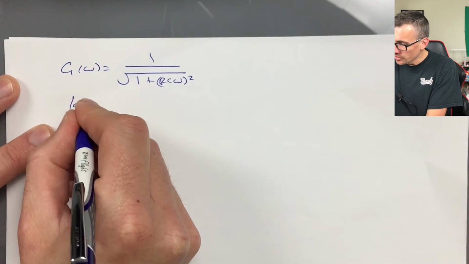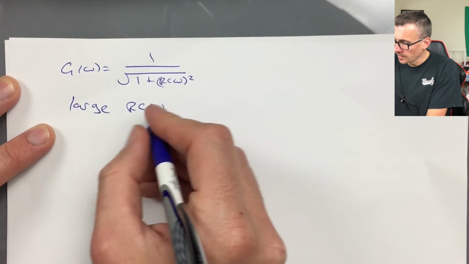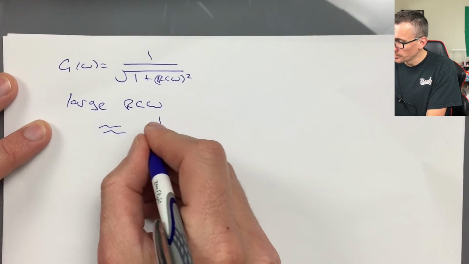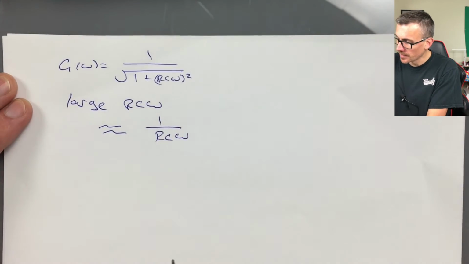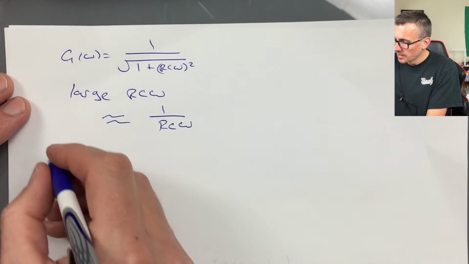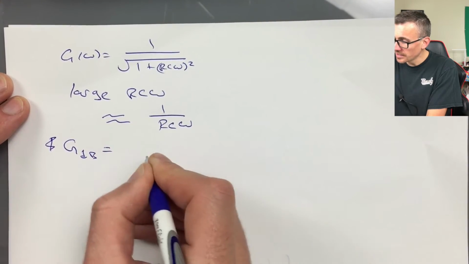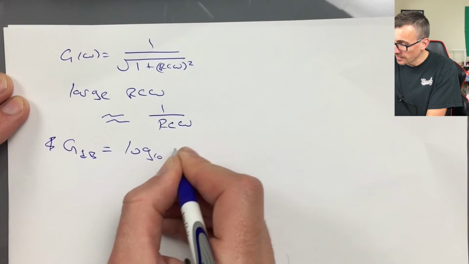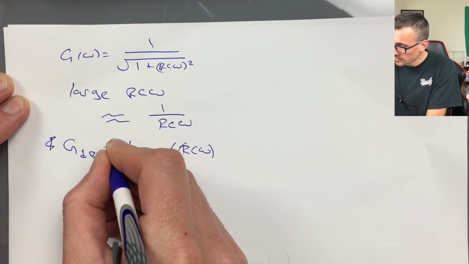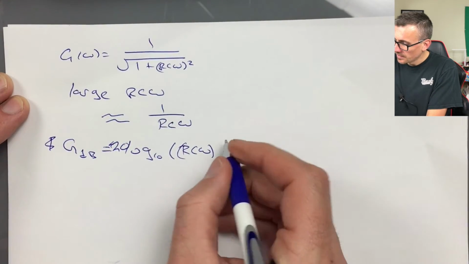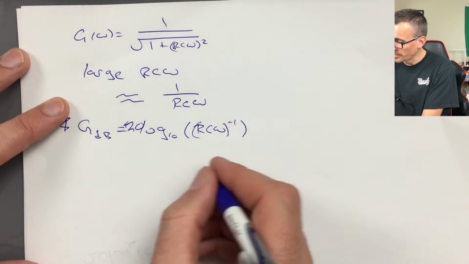And for large RC omega, this is approximately equal to 1 over R times C times omega. So in decibels, G is equal to 20 log base 10 of RC omega, to the minus 1. All right, that's kind of messy, sorry.